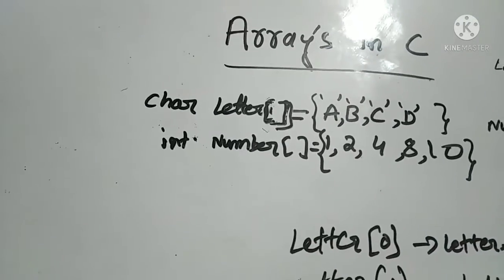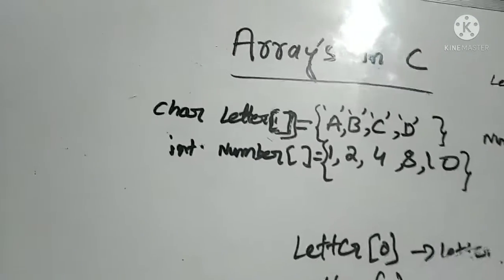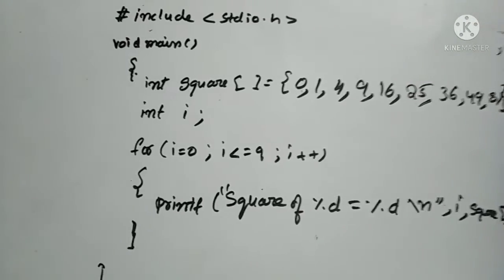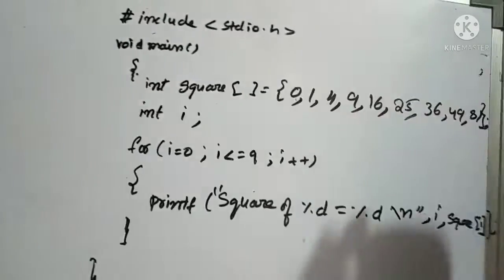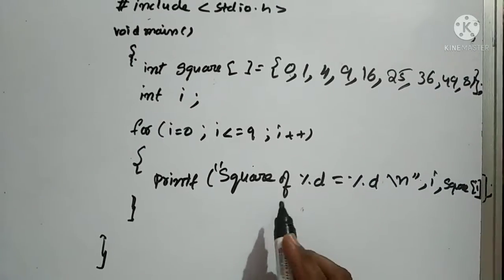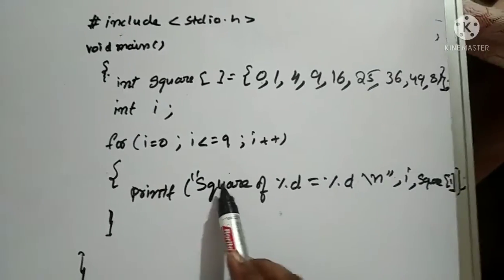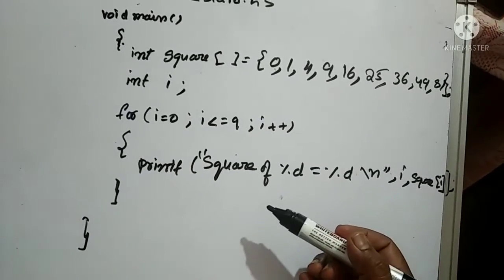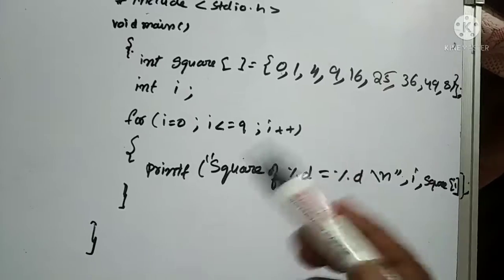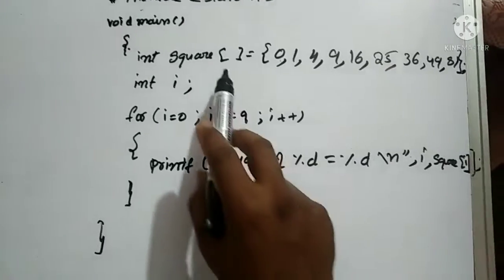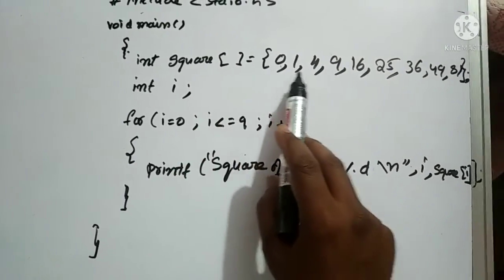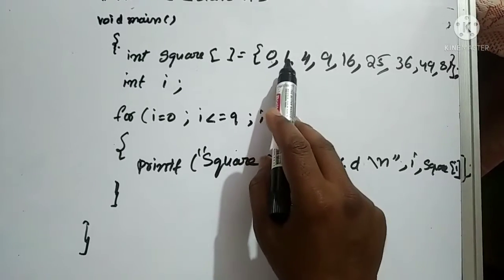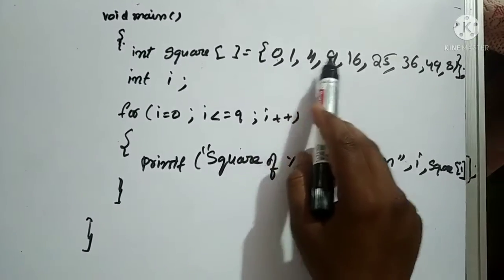So now let us use the same thing in our program. Now we'll go for a small program in which we are displaying the square of a number. One way to display the square of a number is to multiply the number with itself. Here I have stored the squares of the numbers, like 0 squared is 0, 1 squared is 1, 2 squared is 4, like this.